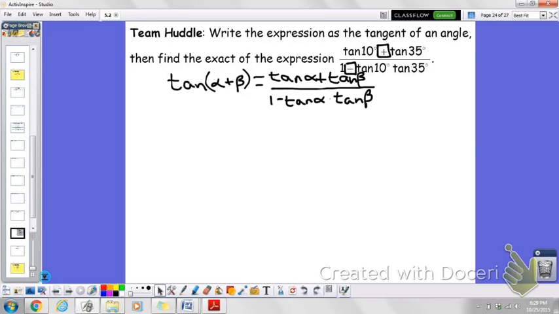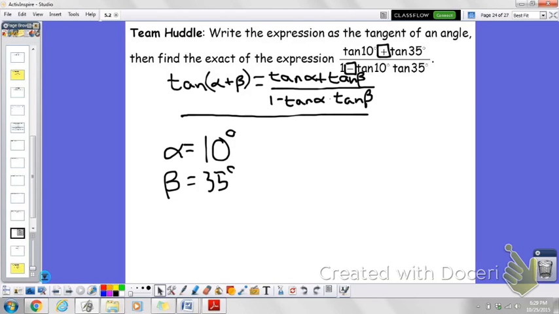If you notice, the problem that we're given looks just like this one below, except where there's alpha and beta. In our original problem, we have 10 degrees and 35 degrees. So from that, we can tell that alpha is equal to 10 degrees and beta is equal to 35 degrees.